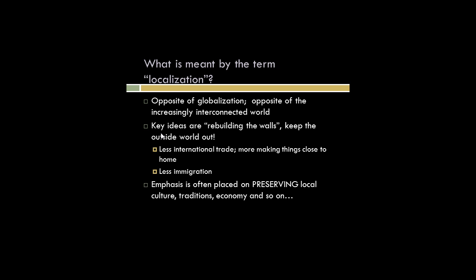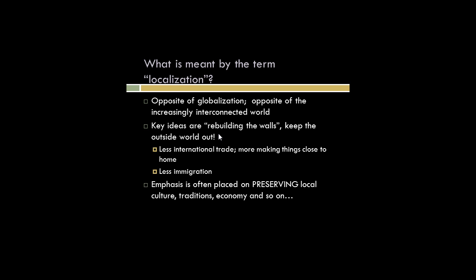So a really important aspect of localization is that, quite literally, people take a look around and they're somewhat frightened by globalization. They're somewhat apprehensive of what all of this means. And perhaps they perceive globalization to be a negative process. And so what they want to do is they literally want to rebuild the walls. Make the borders between the countries, if you will, more important than they have been under a regime of intensifying globalization.